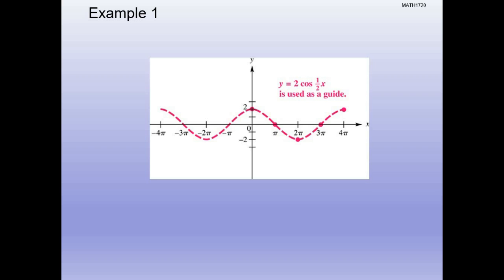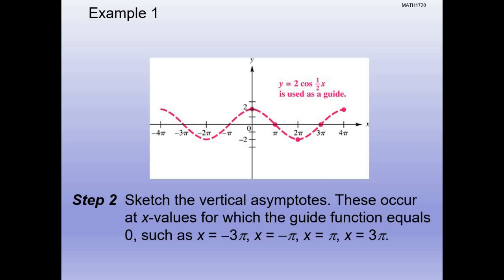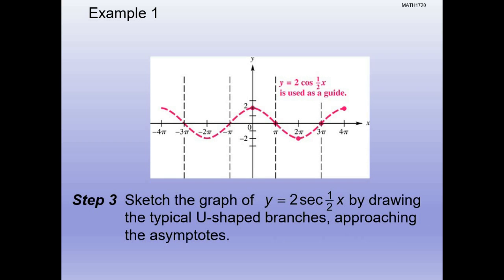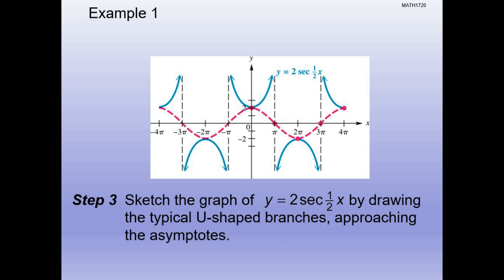When the cosine graph is crossing 0, those are going to be where the asymptotes are for the secant graph. Now that we've plotted all the points, we plot the asymptotes, right when cosine is crossing 0, and then we put our u-shapes in, right at the max and min of cosine.